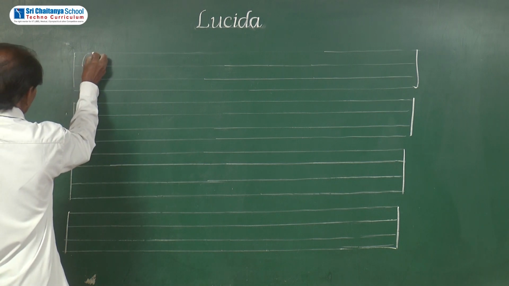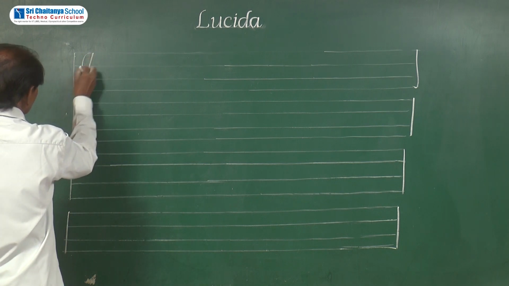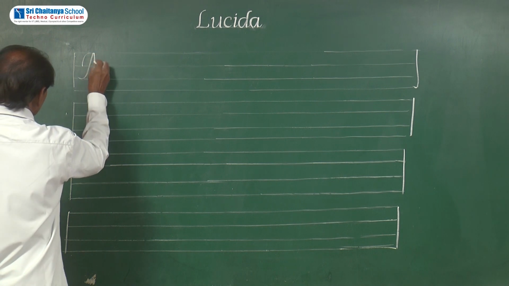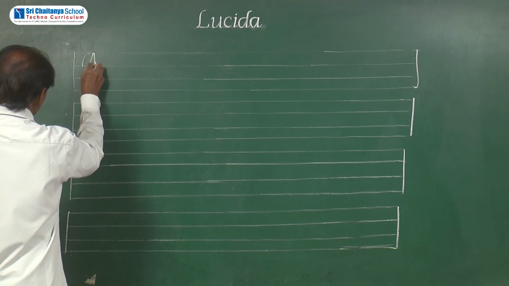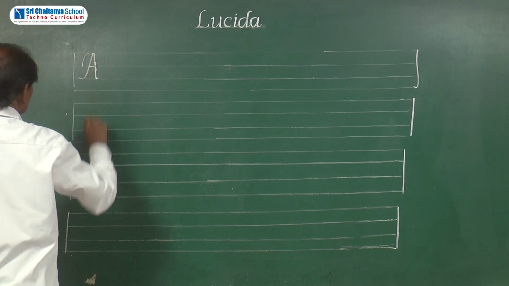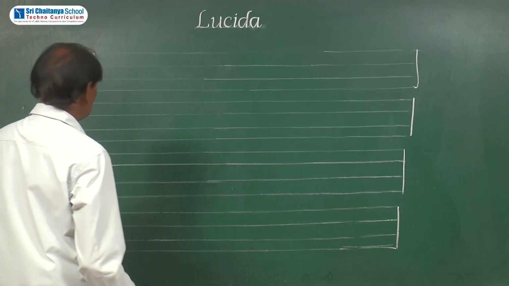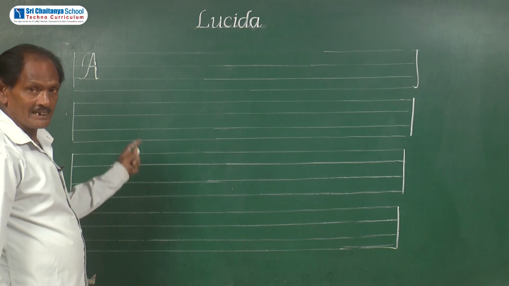The capital A is the stroke letter, and it is written with the help of the capital stroke.